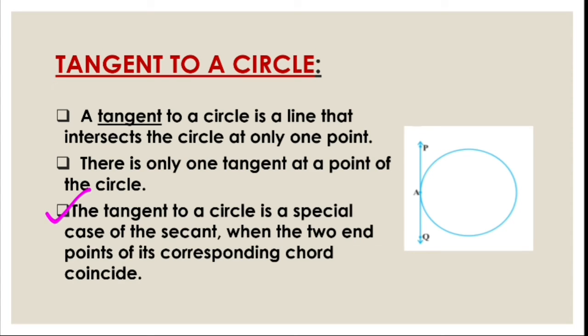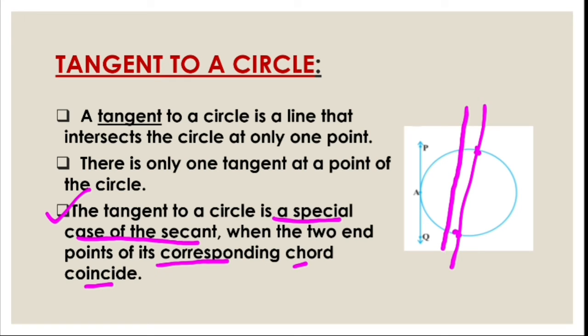Now the third one: the tangent to a circle is a special case of the secant when the two endpoints of its corresponding chord coincide. Okay, so suppose PQ is here, then PQ will intersect the circle in 2 points, here and here. If you consider PQ in this position, it will be a secant which intersects the circle in 2 points.